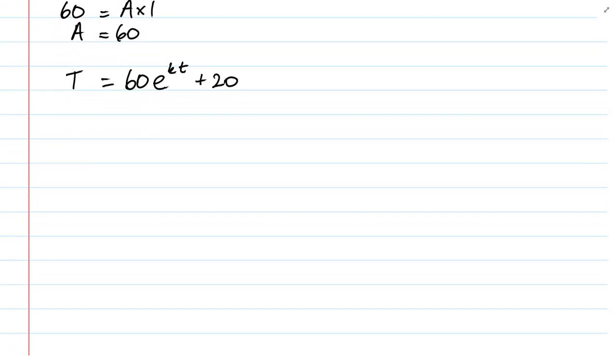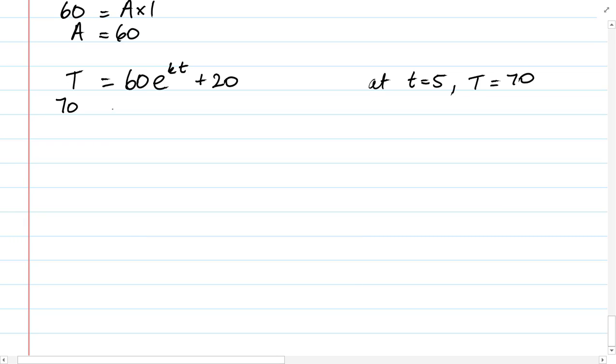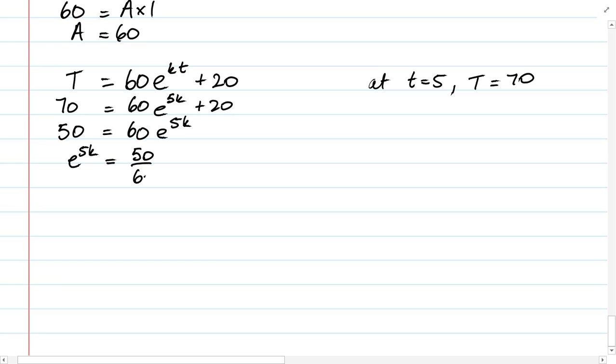So we've got that function, and we also know that at little t equals 5, capital T is equal to 70. So I substitute that in. 70 is equal to 60 e to the 5k plus 20, and that gives me 50 is equal to, sorry, I've written 70 there, 60 e to the 5k, and so that gives me e to the 5k is equal to 50 over 60.